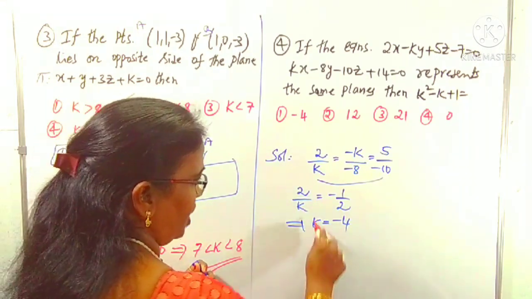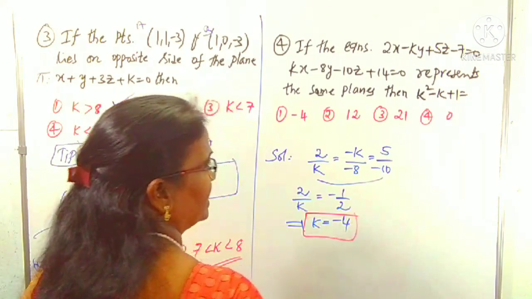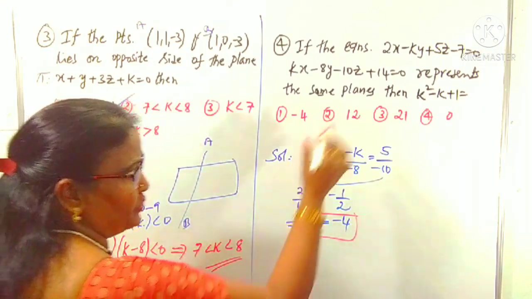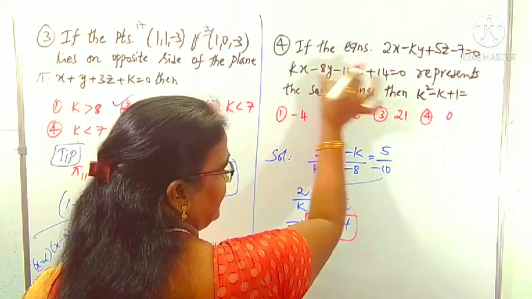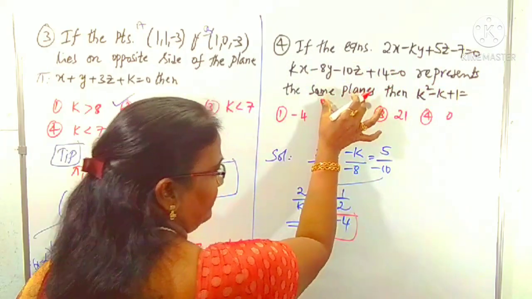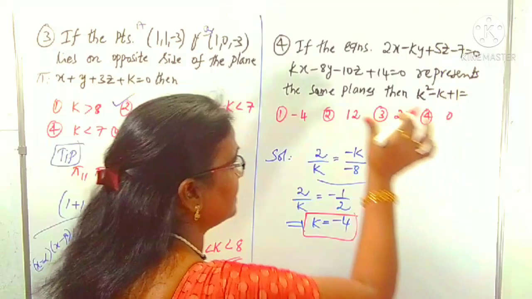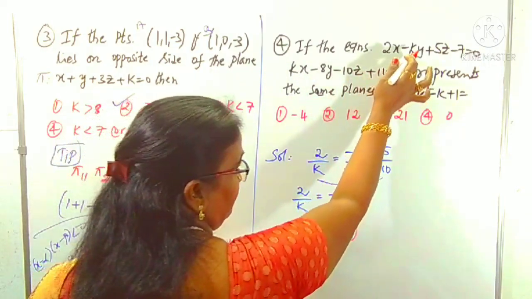How can you get it? Simply you have to know one of the super tips. If the two planes are the same plane, same plane means what? Parallel planes, coincidence. Same planes is the same as parallel planes.